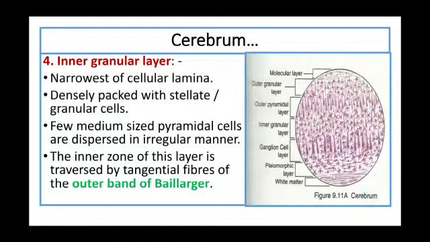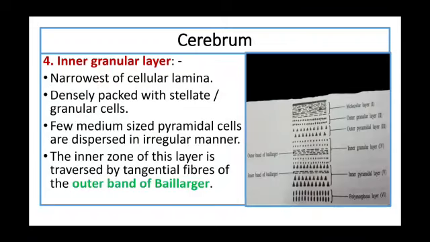This layer contains an inner zone which contains tangential fibers, called the outer band of Baillarger. So here you try to visualize the outer band of Baillarger in the inner granular layer.